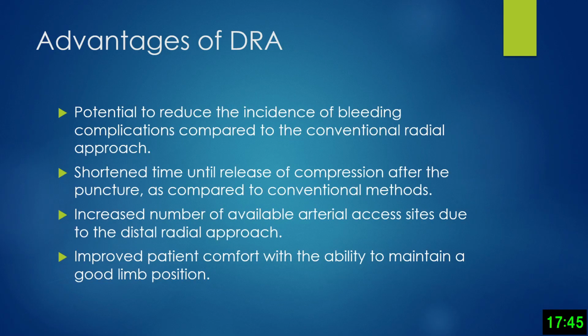A distal radial approach has many advantages compared to the conventional radial approach: potential to reduce the incidence of bleeding complications, shorten the time until release of compression after puncture, increase the number of available arterial access sites, and improve patient comfort.